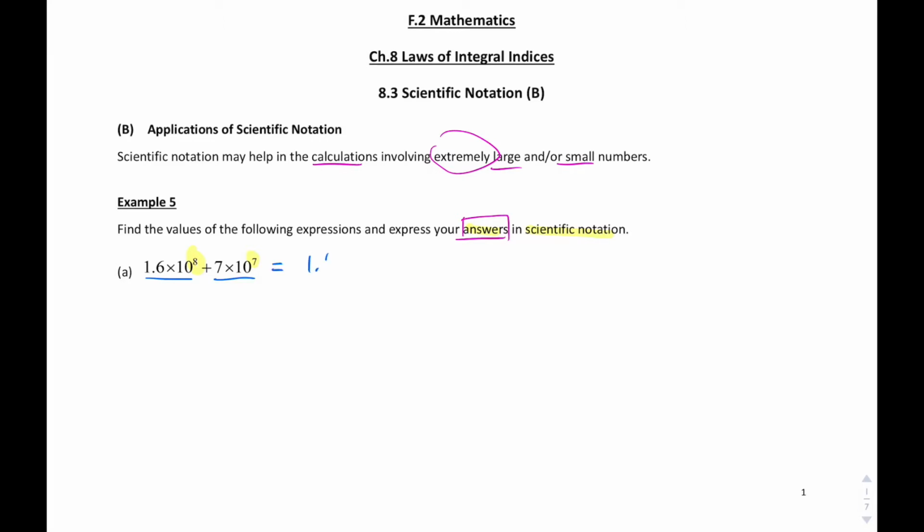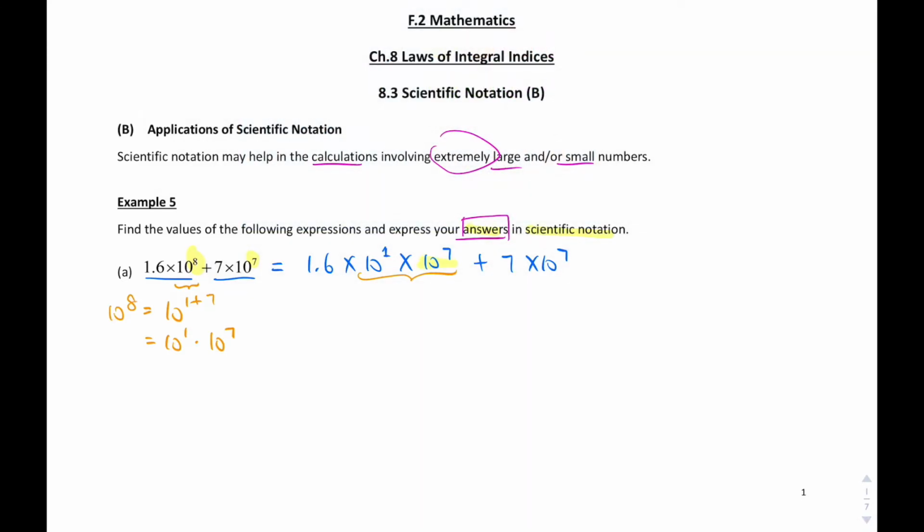Here, for the first one, 1.6 times 10 to the power of 8, we can rewrite as 10 to the power of 1 times 10 to the power of 7, plus 7 times 10 to the power of 7. For this case, we rewrite 10 to the power of 8 into 10 to the power of 1 plus 7. That means 10 to the power of 1 times 10 to the power of 7.